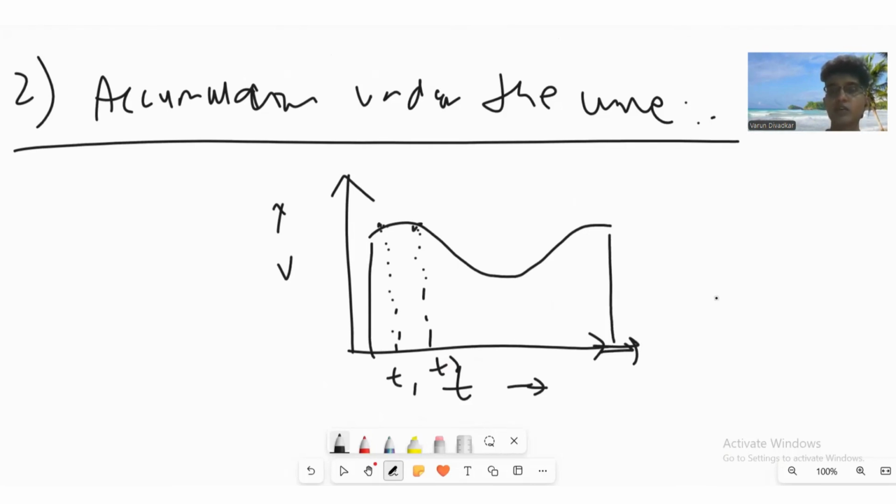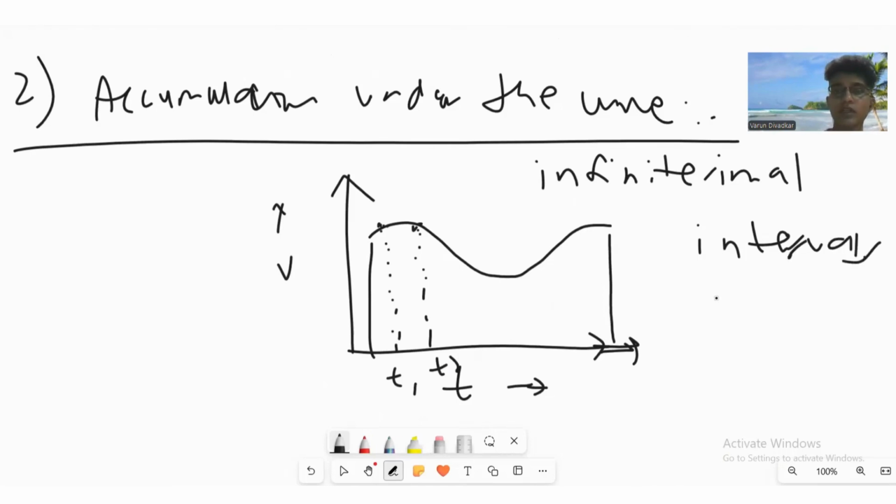You basically need to know the individual distances covered at every infinitesimal interval of time, right? Like say, let's take this small rectangle over here, right? Let's assume that the width of this rectangle is almost dt, which tends to zero, right?